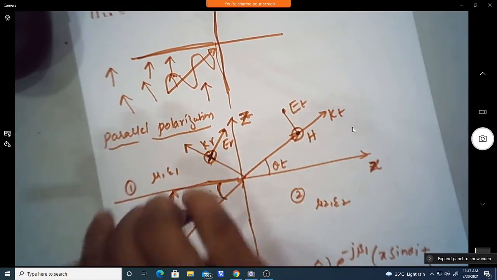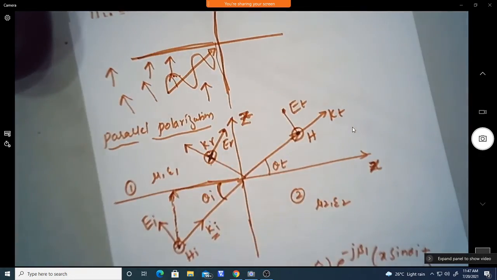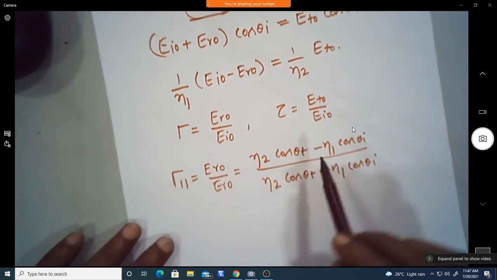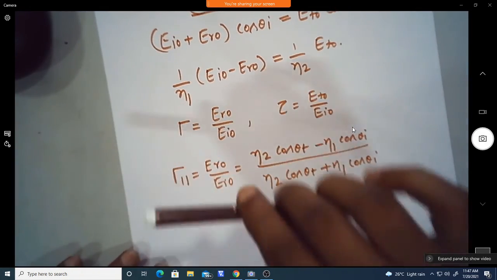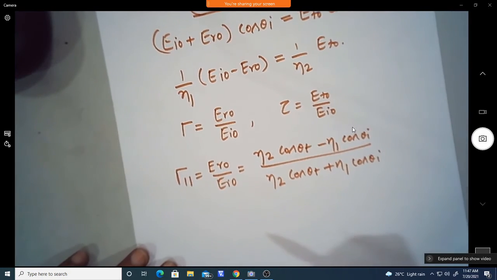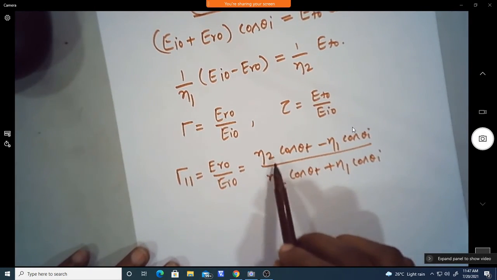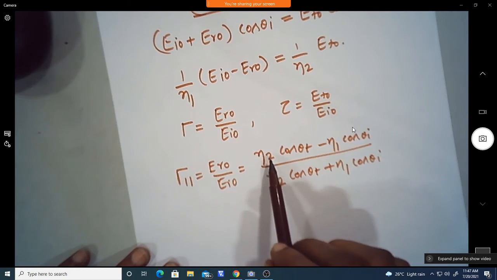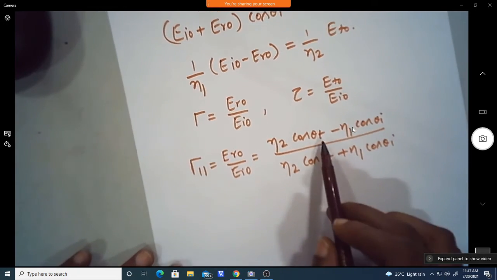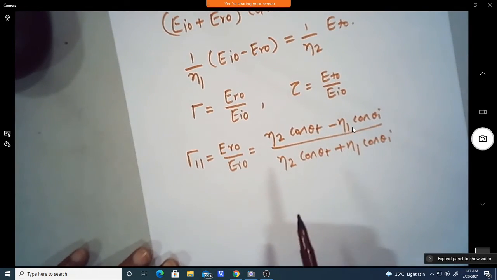That is exactly normal incidence, instead of oblique incidence. In that case, we get the earlier equation, which is eta 2 minus eta 1 divided by eta 2 plus eta 1, where theta I, theta t and theta r become 0.